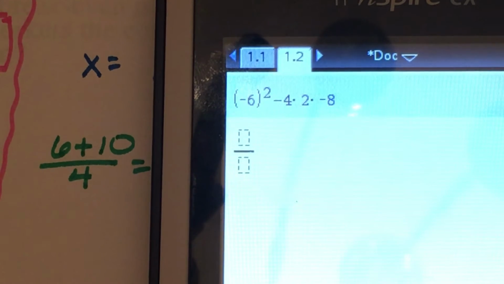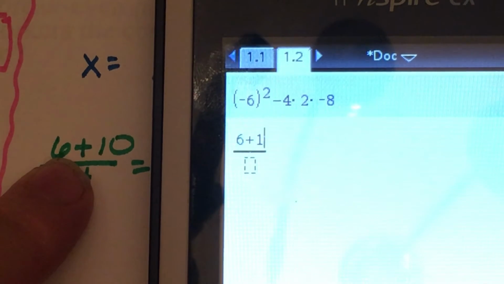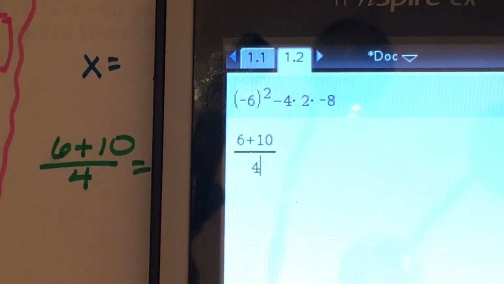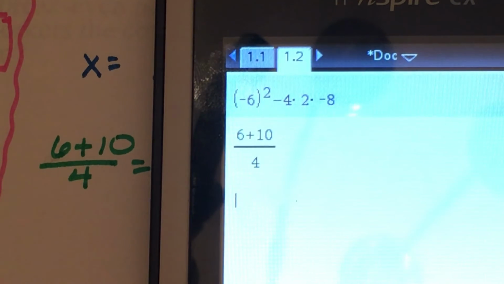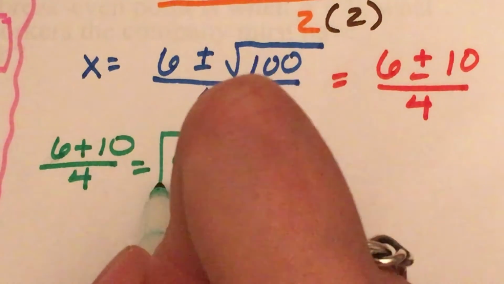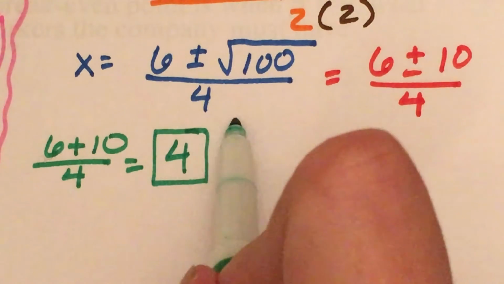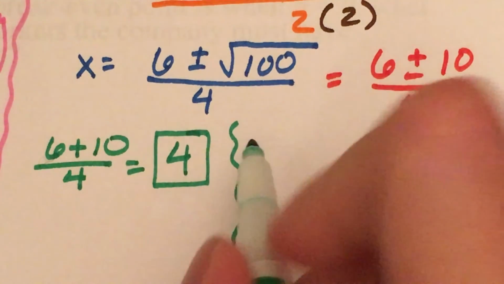Isn't that nice how that fraction shows up? 6 plus 10. Arrow down. Put in your 4. Push enter. What do you get? Did you get 4? I hope so. Good job.